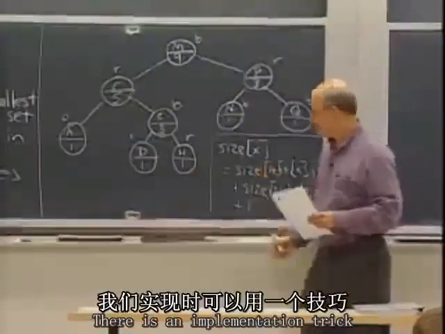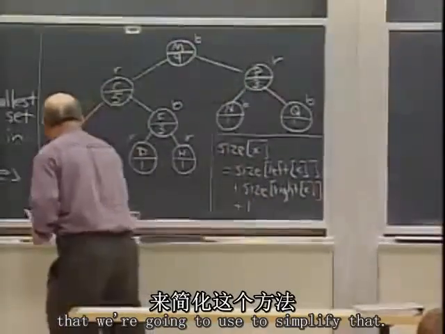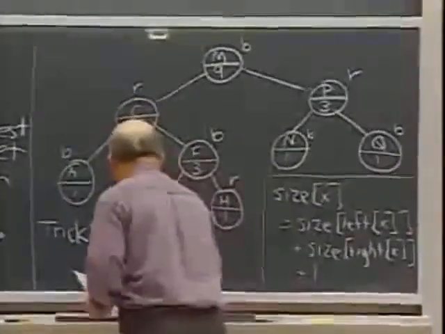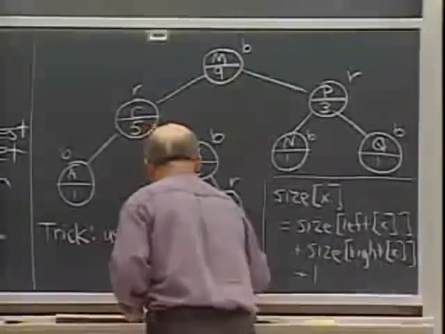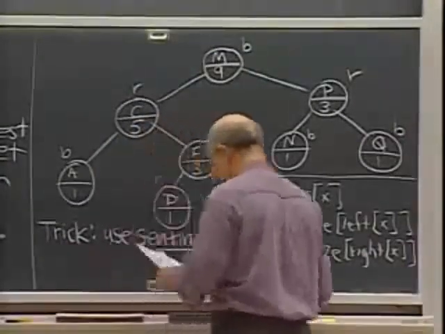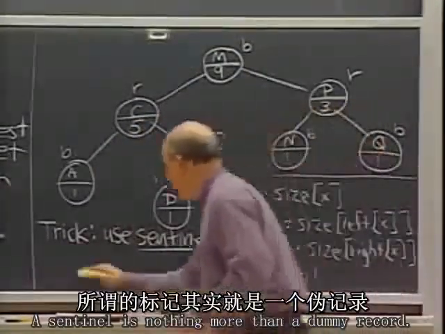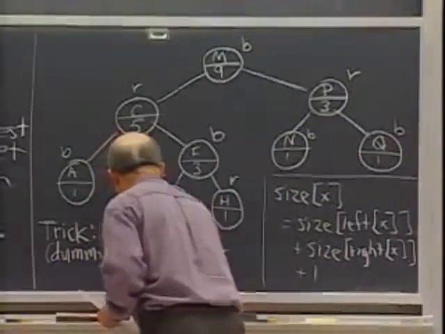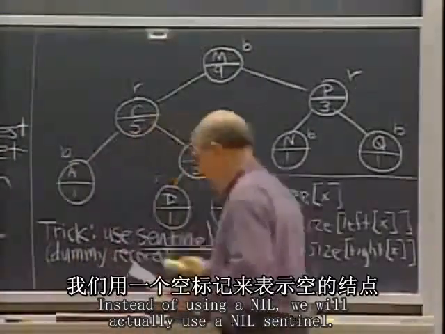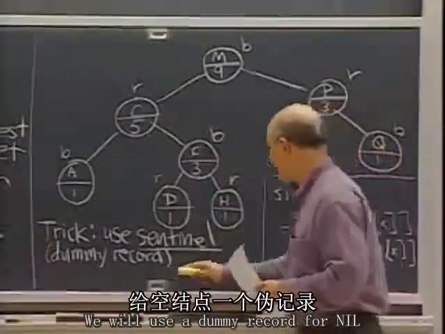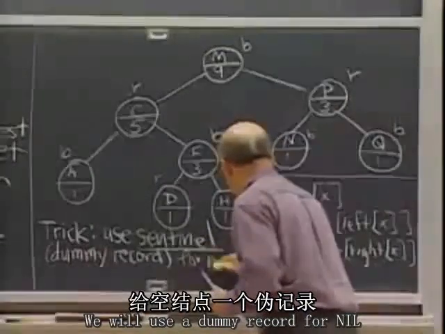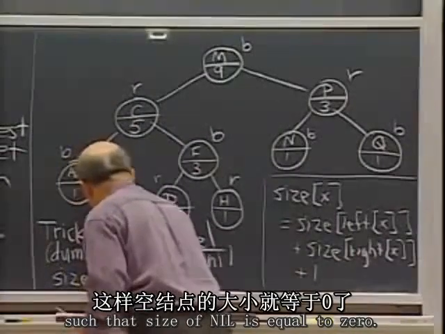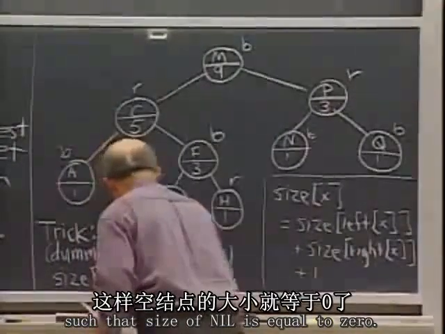So there's an implementation trick that we're going to use to simplify that. It's called using a sentinel. A sentinel is nothing more than a dummy record. So instead of using a nil, we'll actually use a nil sentinel. We'll use a dummy record for nil such that size of nil is equal to 0.